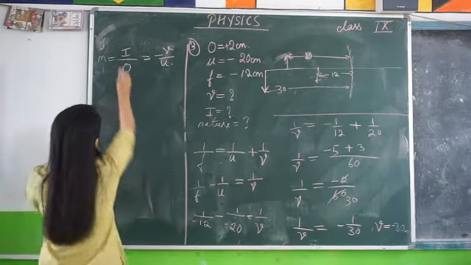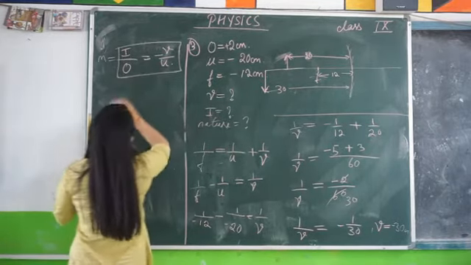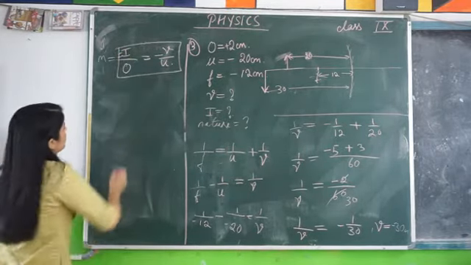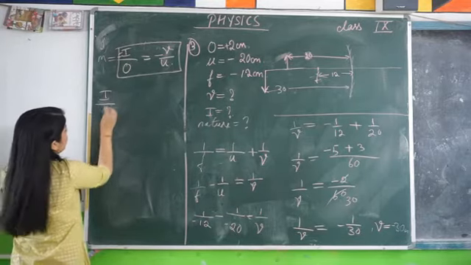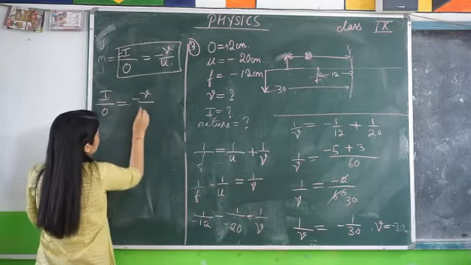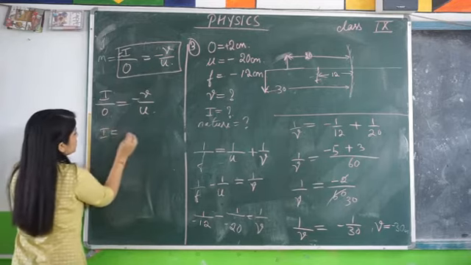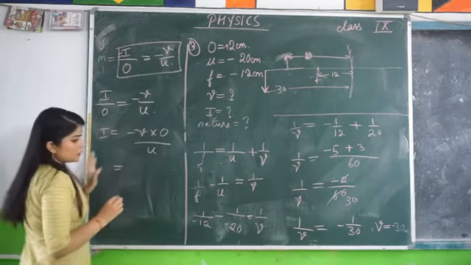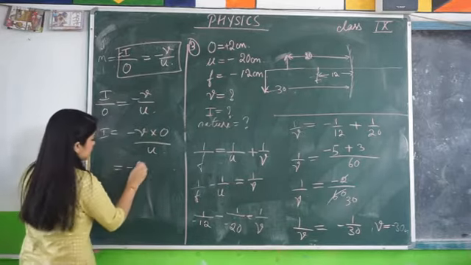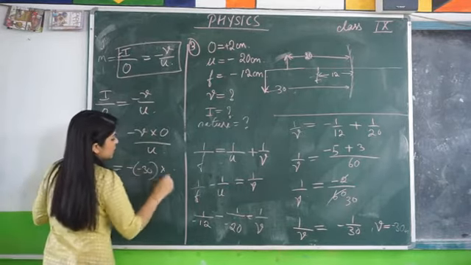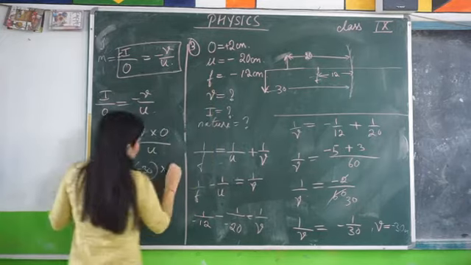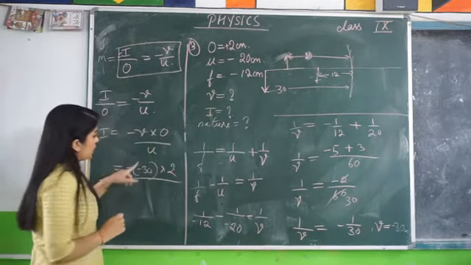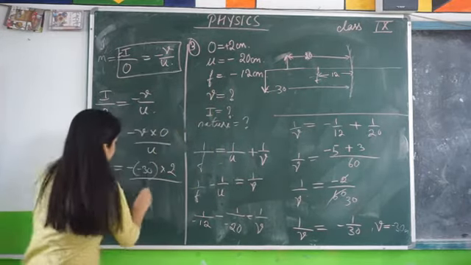Using this relation, we are going to find our height of image. So I by O is equal to minus v by u. So I is equal to minus v into O divided by u. The value of v is minus 30. Minus 30 into height of our object, 2, divided by u, our object distance, which is minus 20.